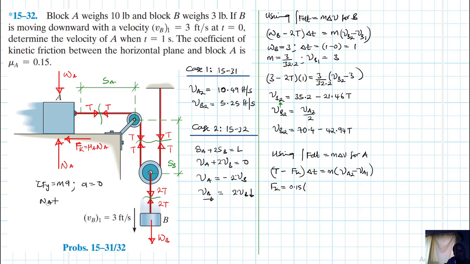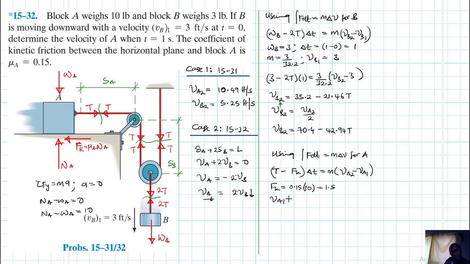So we have Na minus Wa equal to 0. Therefore, Na is just equal to Wa, which is equal to 10. So Fk is 0.15 times 10, which is just equal to 1.5.